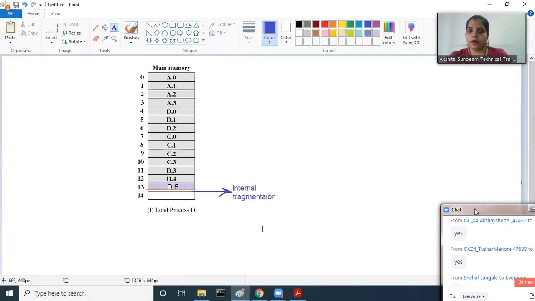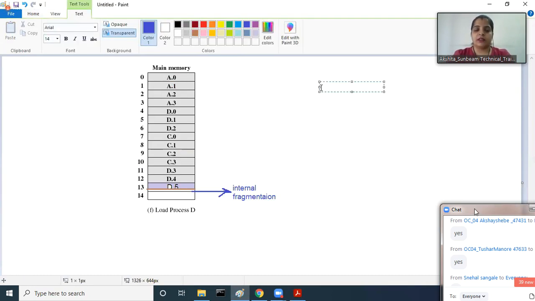Right? So, in the case of paging, main memory is divided into equal-sized blocks. Do you remember that the other day I told you about fixed size partitions, where the memory is divided into equal blocks? And do you remember there is something called variable size partitioning?